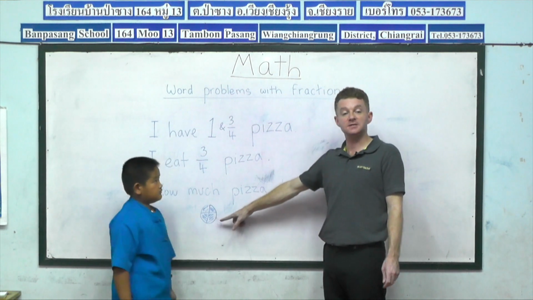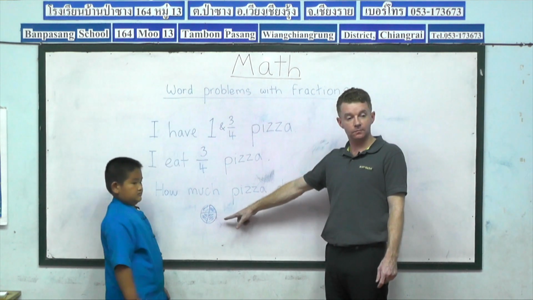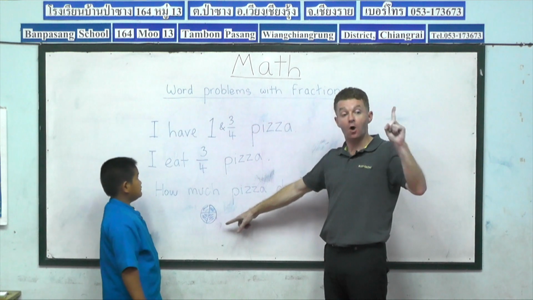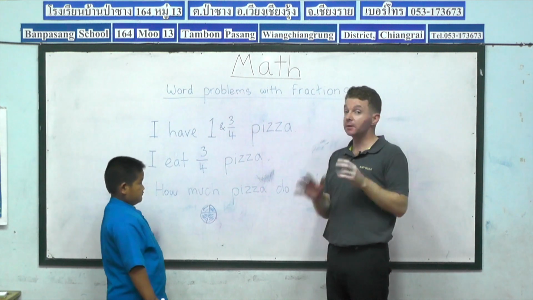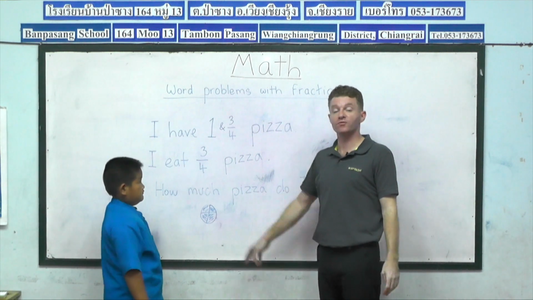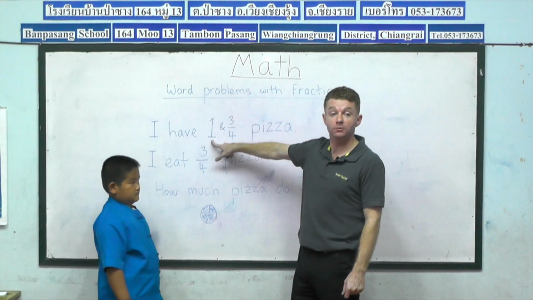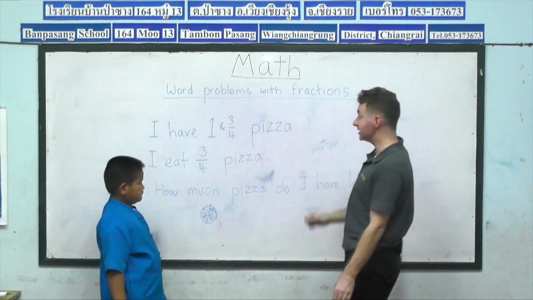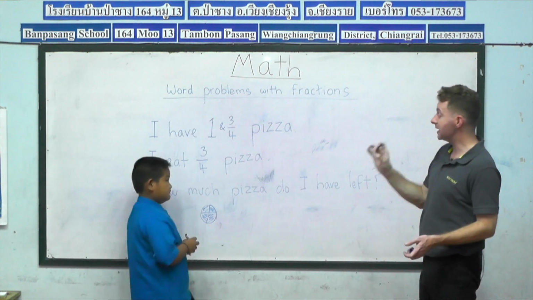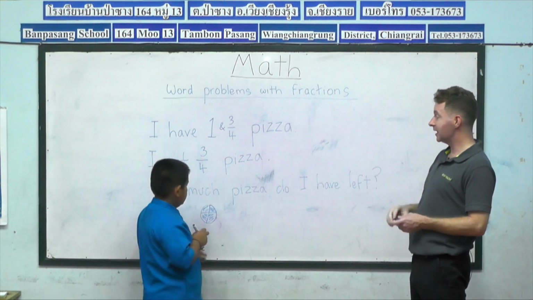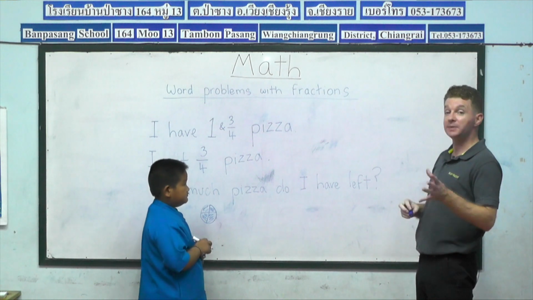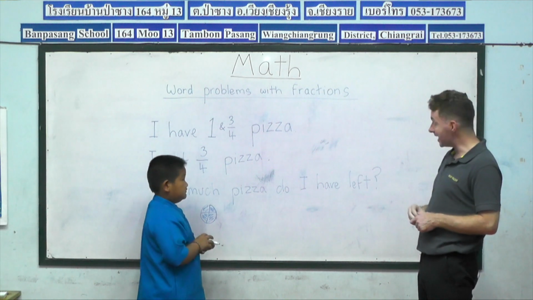Now, how much pizza is left? 4. Just 1 whole pizza, because we don't say 4/4. If we have a whole, we simply say 1. So we can answer Net's word problem. Net has 1 pizza left.